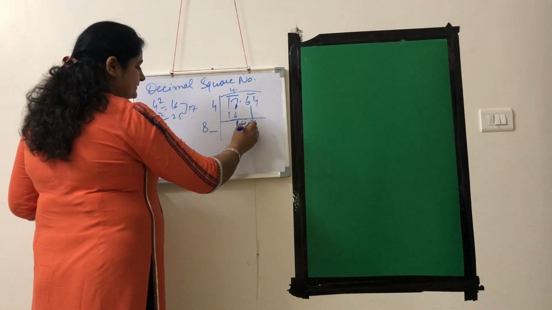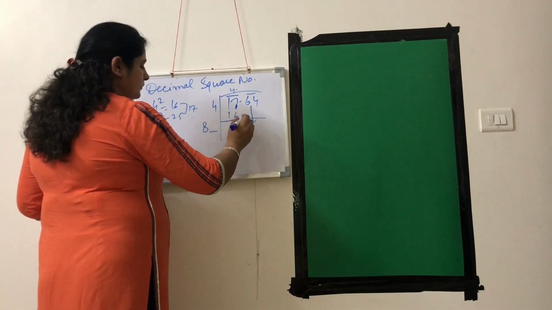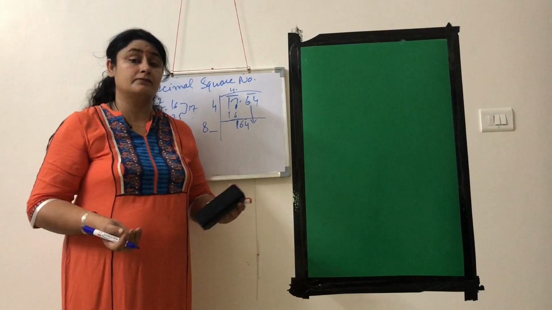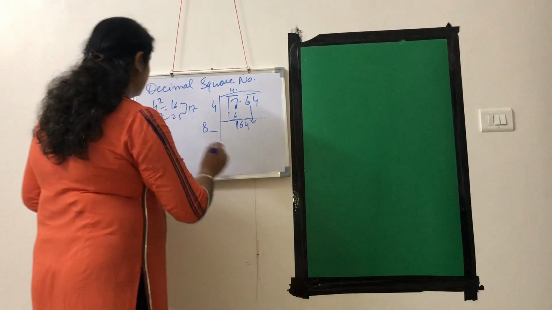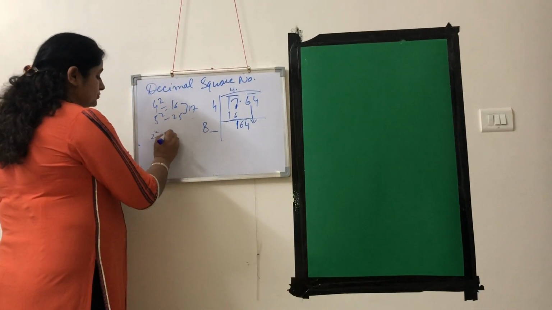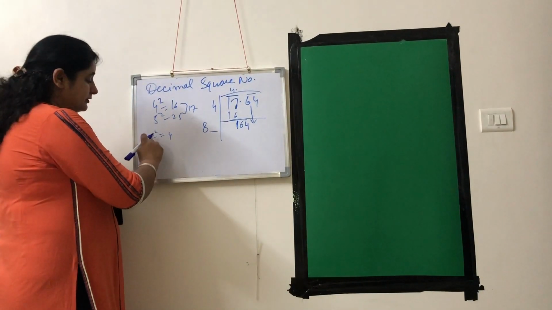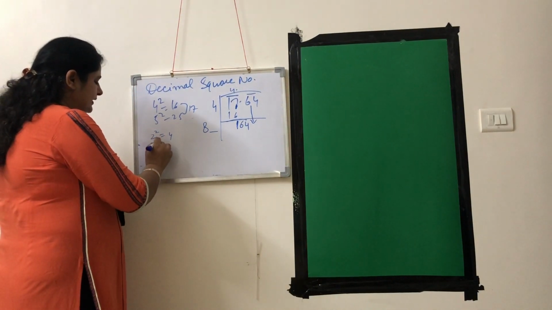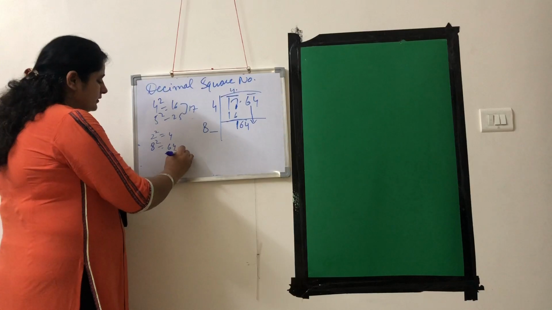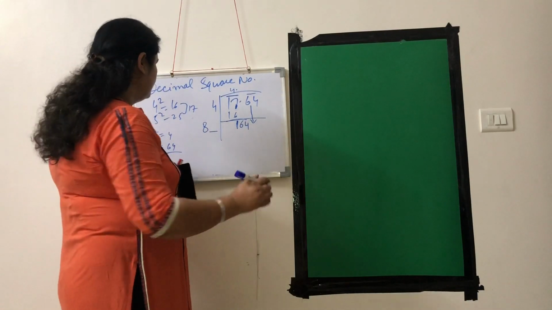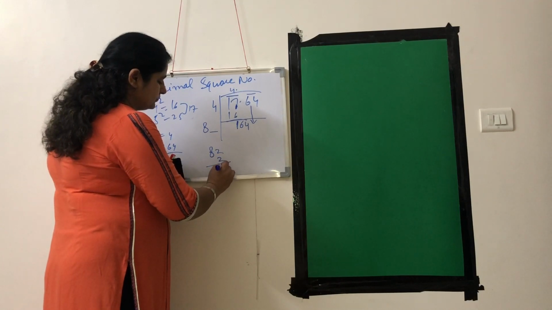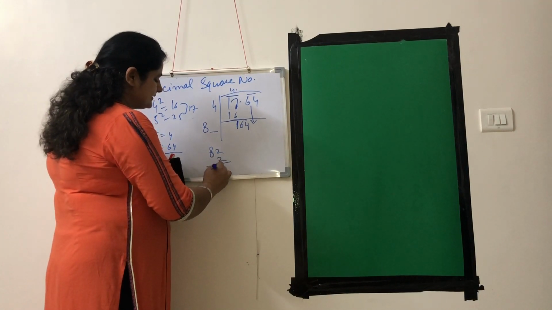Now we'll decide. When you have 4 as the ones place of a square number, what can the number be? It may be 2 square, meaning 4, or you may say 8 square, that is 64. Okay, so we'll try with 2 first. 2 multiplied by 2 is 4. 2 8s are 16.